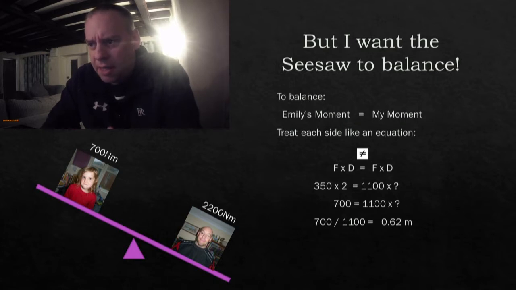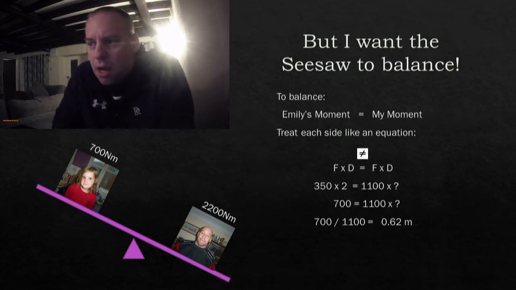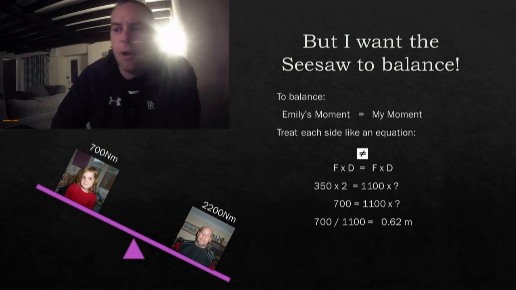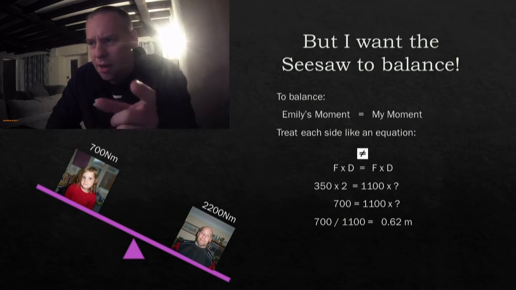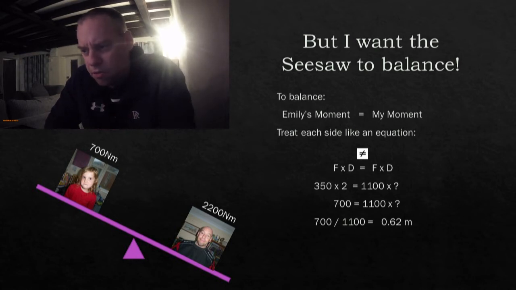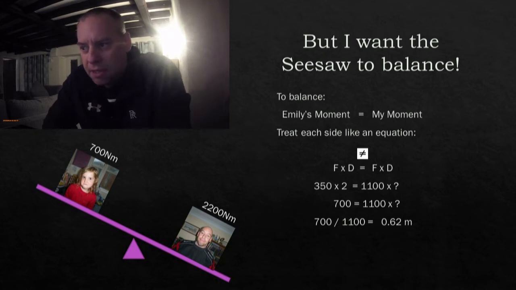So in my worked example here, I know on Emily's side, Emily was 350 newtons times the 2 meters distance. So her moment was 700 Newton meters. Now I know my force was 1,100, and I want to work out the new distance that I need to go. So if I put this into my equation, I know that 350 times 2 is 700. So 700 equals my 1,100 times a mystery distance.